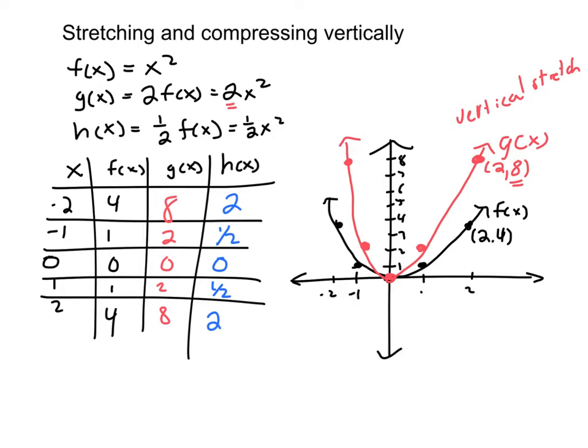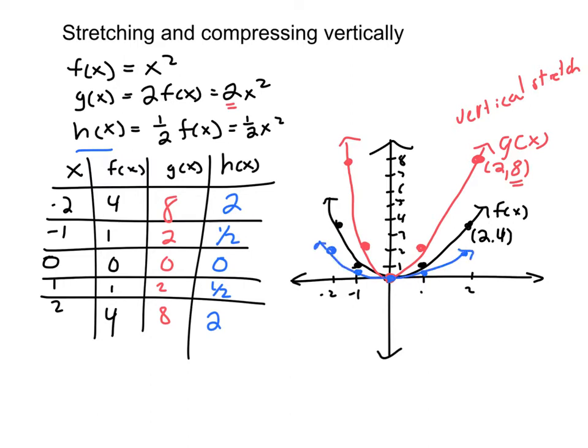Now let's talk about h of x. So let's go ahead and graph h of x first. So when x is 2, y is 2, and then when x is -1, it's 1/2, then 0, 1/2, and then 2.